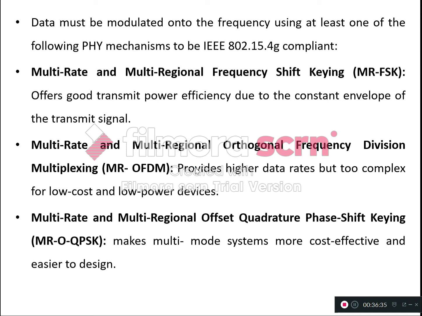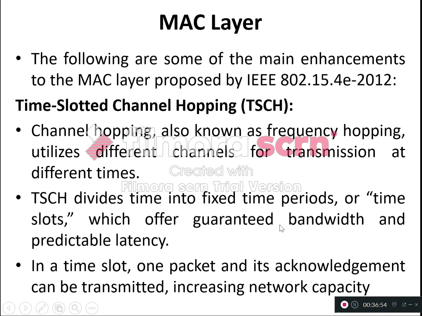But if higher data rates are necessary, this modulation technique may be used. Then the next one is multi-rate and multi-regional offset quadrature phase shift keying, which makes multi-mode systems more cost effective and easier to design. So that is about the PHY layer.